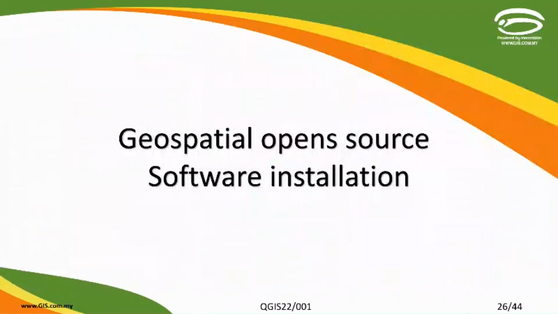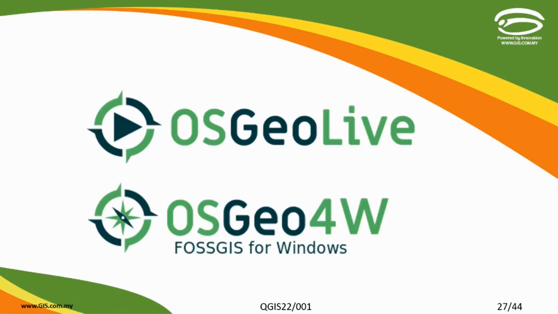So let's talk about software installation. Let's say you have an issue you want to solve, and somebody told you, why don't you use QGIS software? It's a desktop software, a very good software. You have two ways to have the software installed.